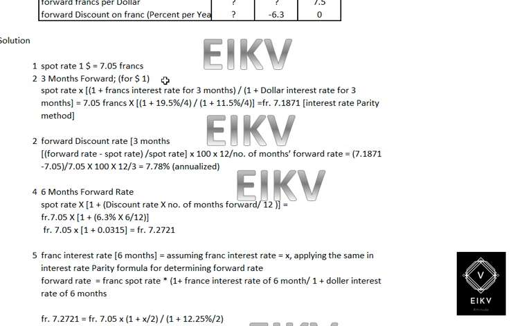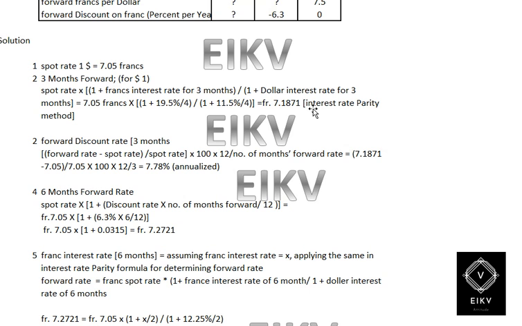3 month forward would be the spot rate into 1 plus France interest rate of 3 months divided by 1 plus dollar interest rate of 3 months. It would be 7.05 into 1 plus 19.5 divided by 4, divided by 1 plus 11.5 divided by 4.